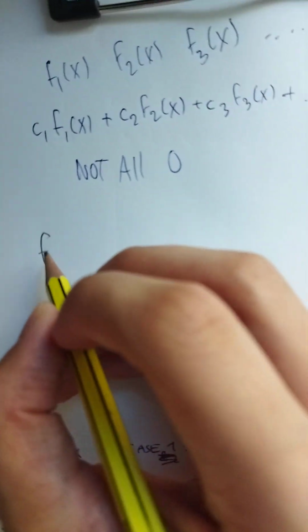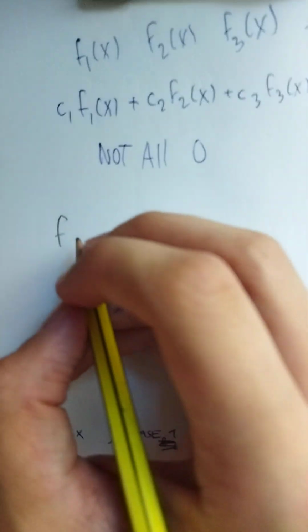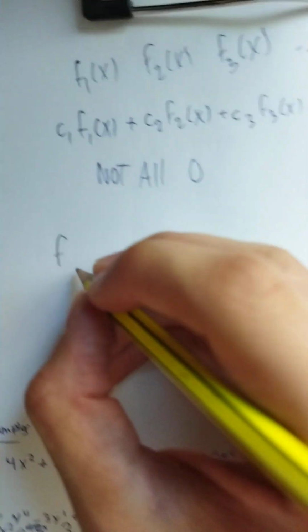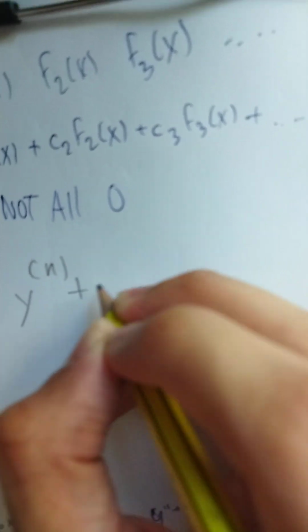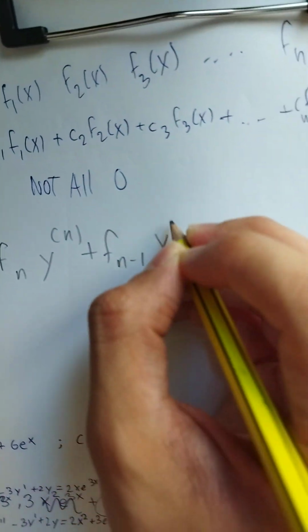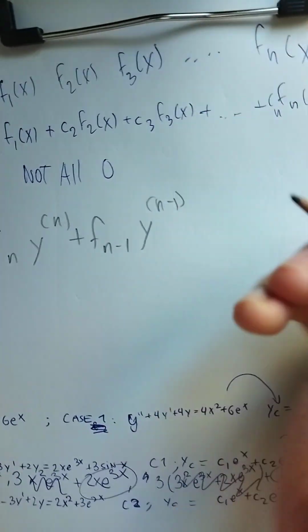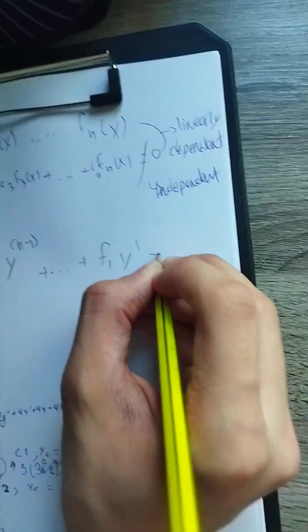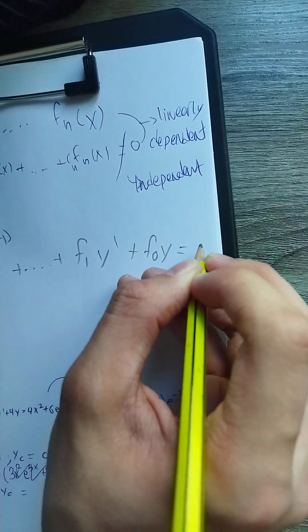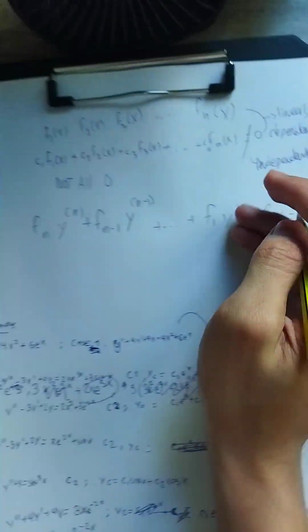So basically what all of this means is that you might have a linear nth order differential equation in the form of fn y^(n) plus fn minus 1 y^(n-1) plus yada yada yada plus f1 y prime plus f0 y equals q of x, right?